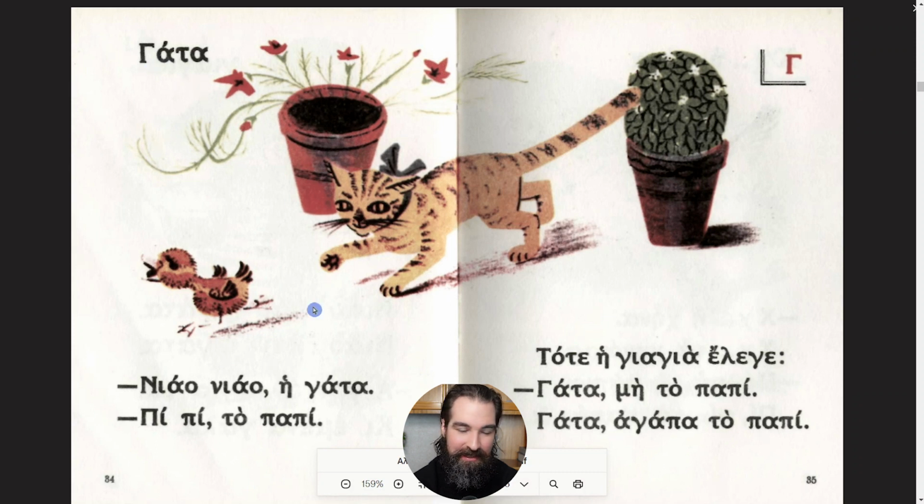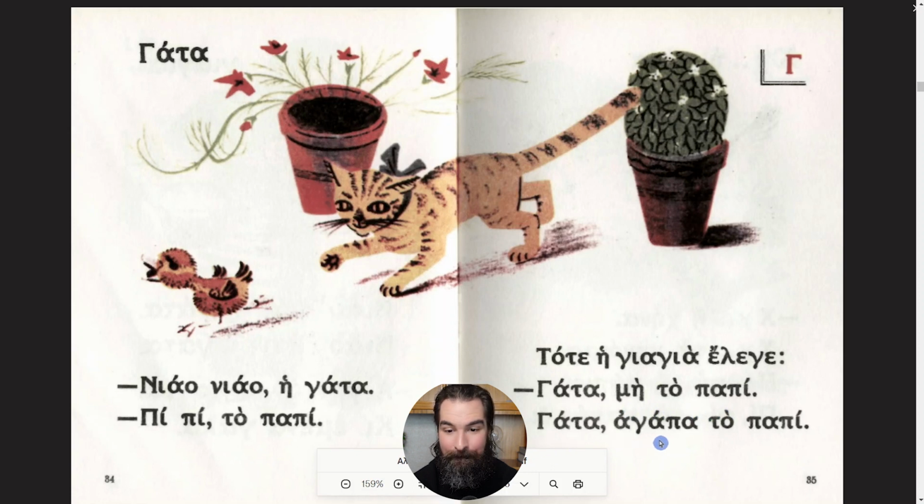Γάτα is a cat. Νιάου, νιάου, η γάτα. Πιπί, το παπί.